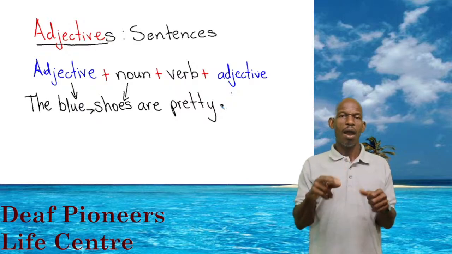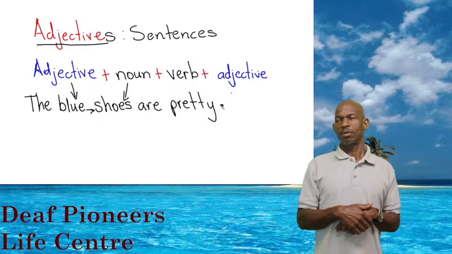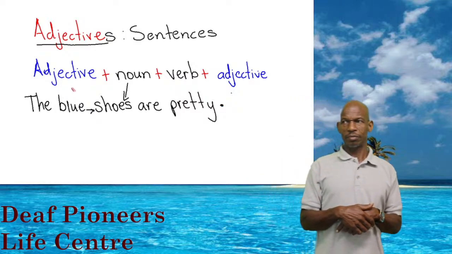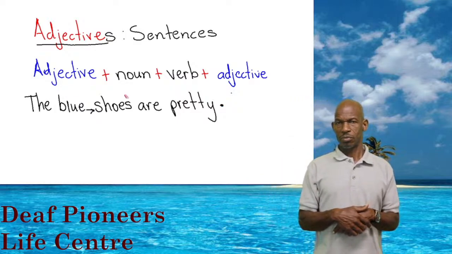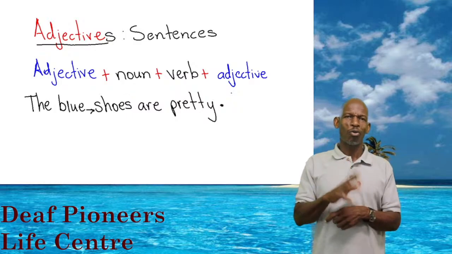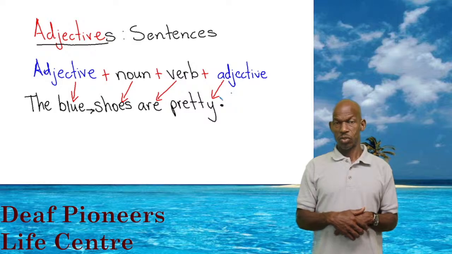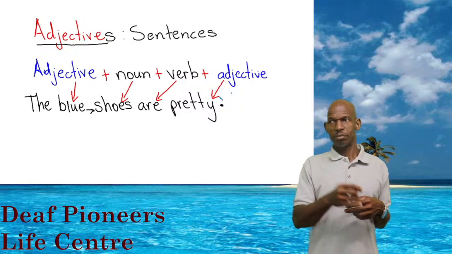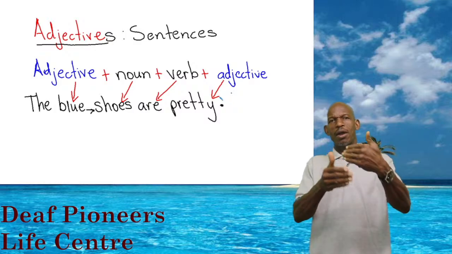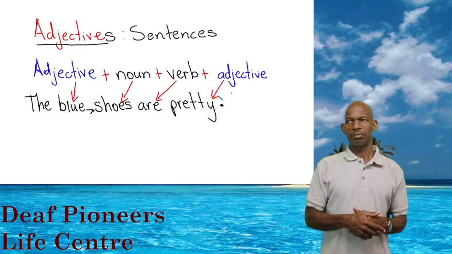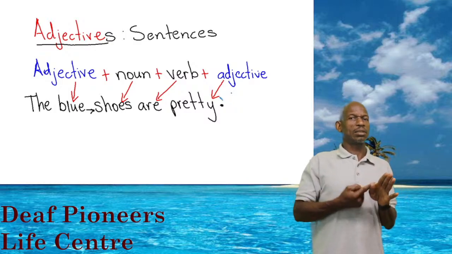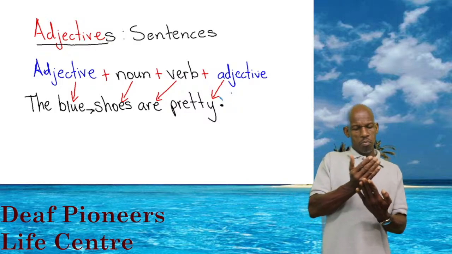And I'm going to put my arrows in a different color away from the words and the sentences. So the adjective blue, the noun shoes, the verb are, and next I have the adjective pretty. So the word order: I can put an adjective before a noun, and I spoke about that last week.